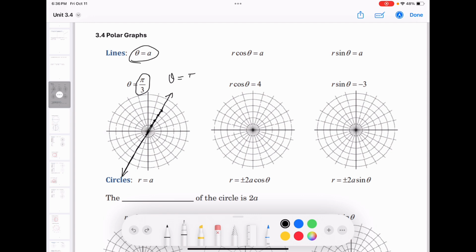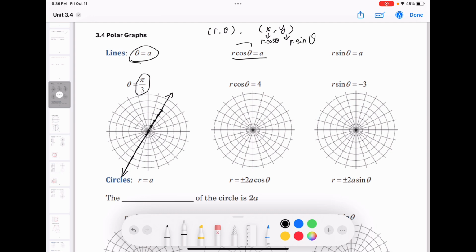Okay, so how about the next one? If I have r times cosine theta is equal to a. In polar coordinates, we say the point is r comma theta, but in rectangular coordinates, the xy plane, we have x comma y, where x is equal to r times cosine theta, and y is equal to r times sine theta.